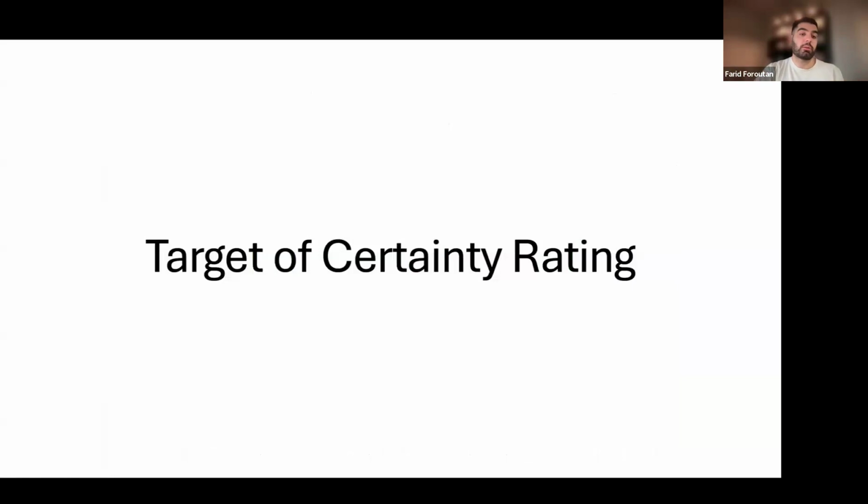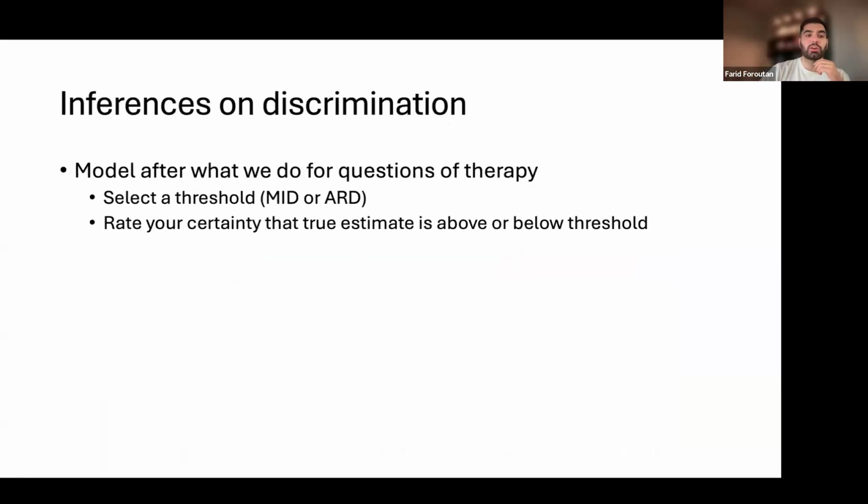So how do we set up our targets of certainty rating? This was the focus of GRADE concept number 8, where we started to talk about inferences on discrimination, and we wanted to really model it after what people have been used to seeing in the world of therapy. So you can select, for example, these thresholds that we talk about, like the minimally important difference in the world of therapy, which tends to be some sort of absolute risk difference.